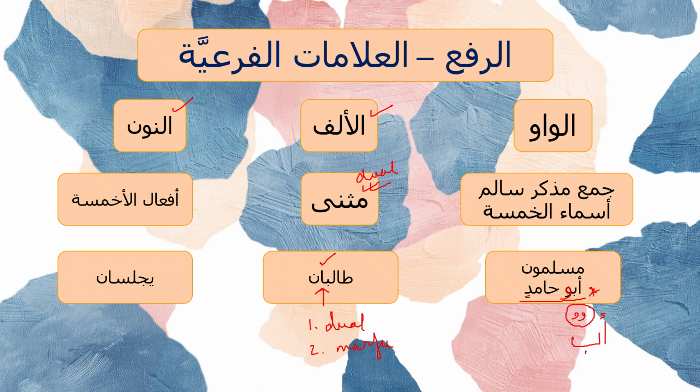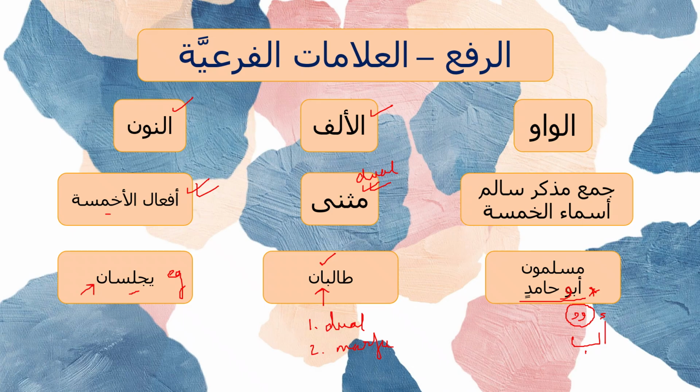Now coming to the noon. Noon is seen in only one case, that is afalul khams, the special five verbs. You will see the noons at the end, and for example you will see here yajlisan.